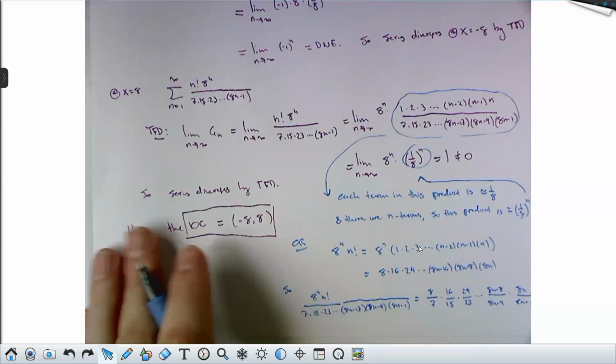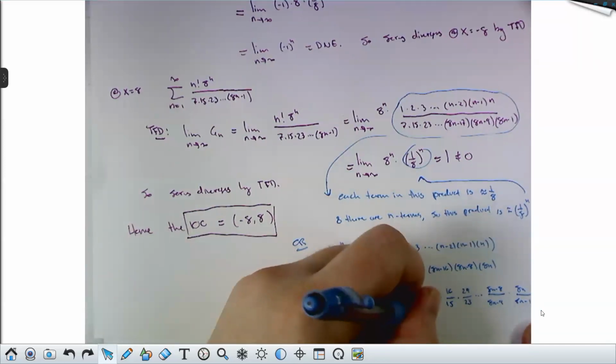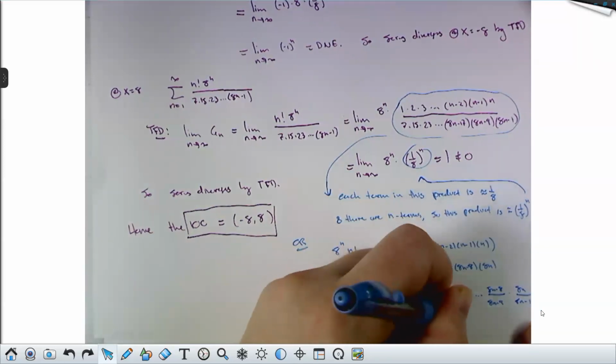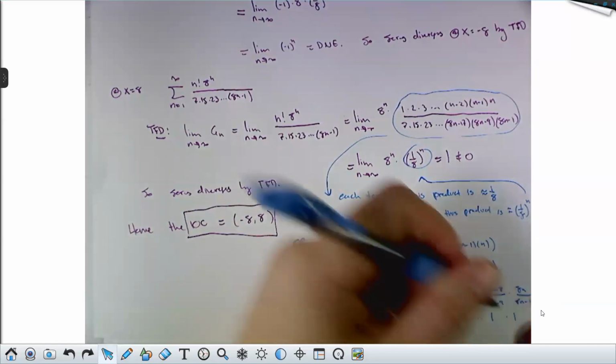And then what they're saying is that since each one of these is bigger than 1, this is bigger than 1 times 1 times 1 times 1 times 1.